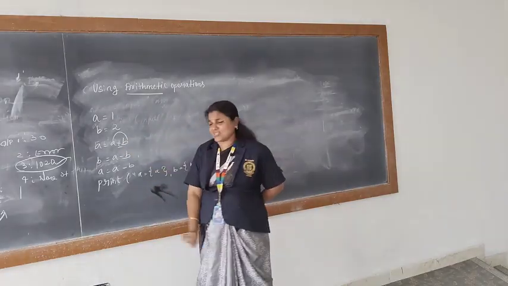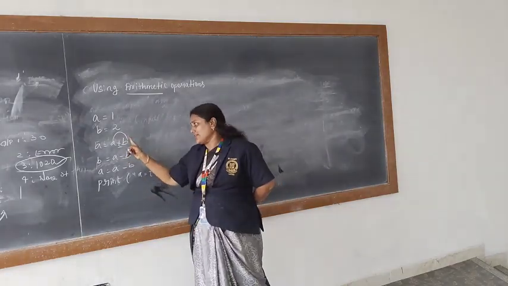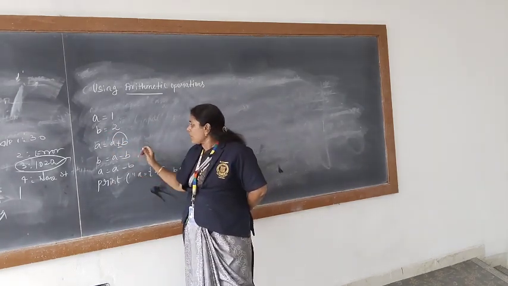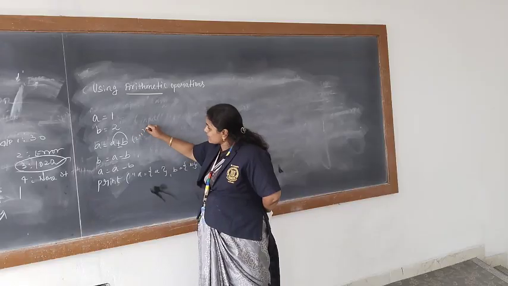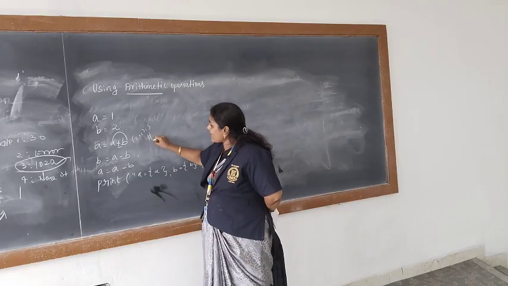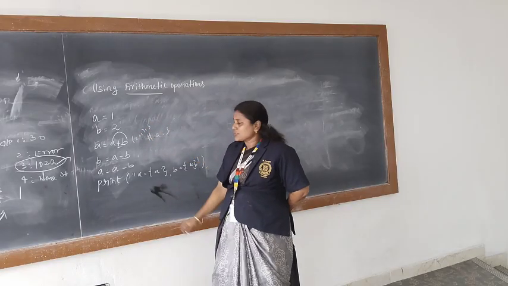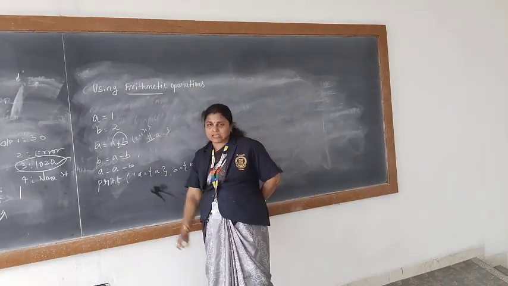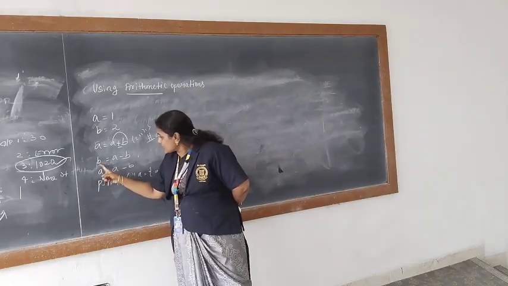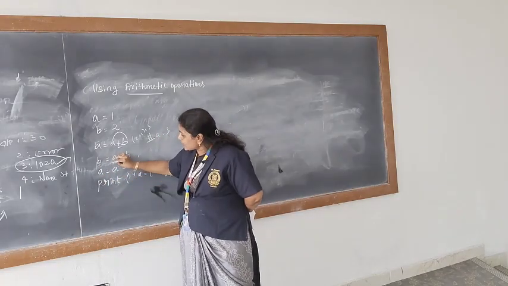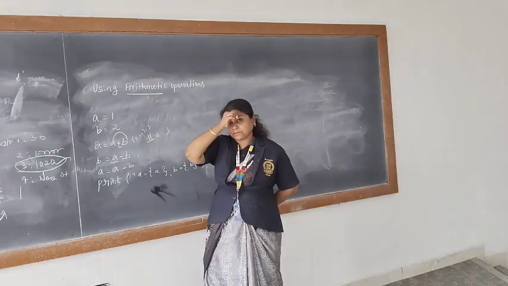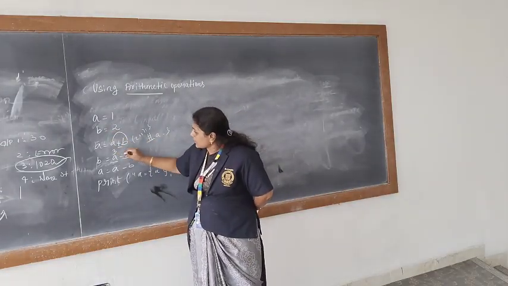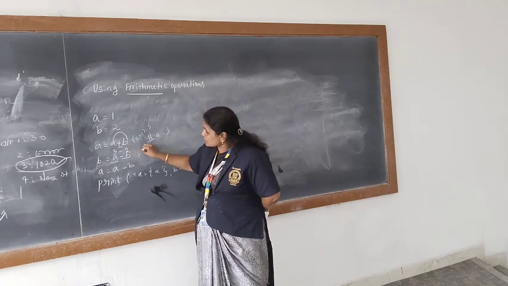I am going to start with the operation as addition. So A plus B should be stored in A itself, or else we can use some other variable also. Here 2 plus 1 is 3. Now the A value is 3. Now B is equal to A minus B. A is 3, so 3 minus 2 is 1.